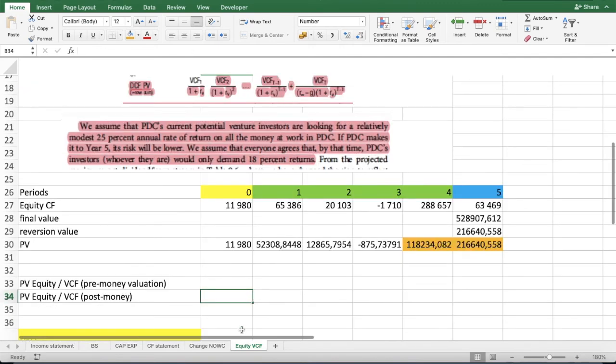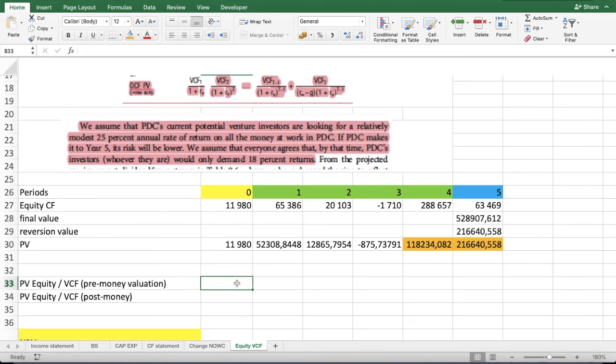Now we can easily compute the present value of the equity or the valuation cash flows. So we have two techniques, whether we can use the pre-money valuation or the post-money valuation. When we say pre-money valuation, it is the present value of the future cash flows without taking into account the current value of the firm. So we are just considering T1, T2, 3, 4, and not T0, right?